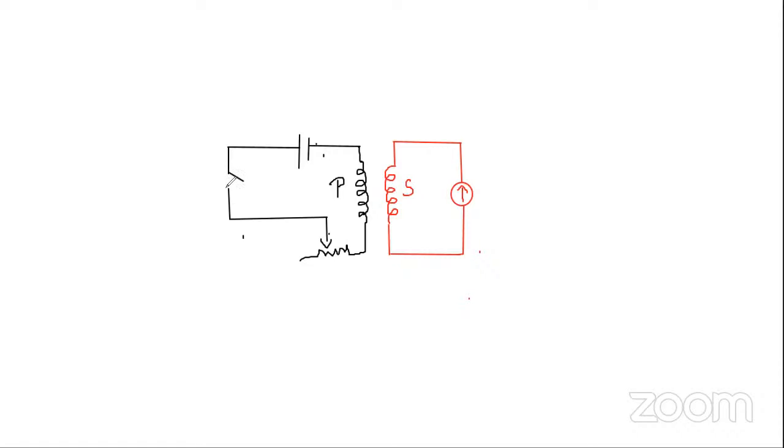This is the connecting point, and we have the key like this. So this is the key, and this is the battery. This is the rheostat. This is the secondary coil, and this is the galvanometer.